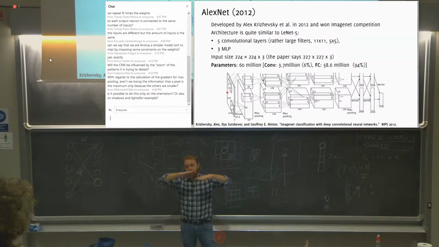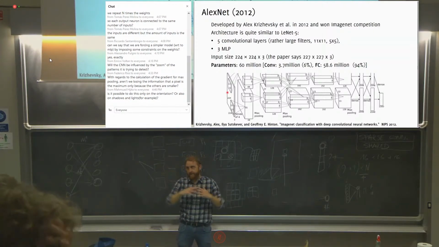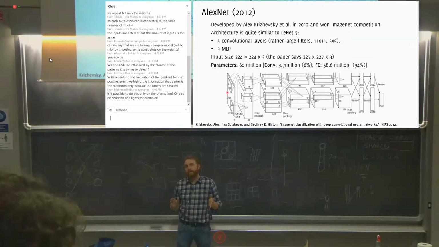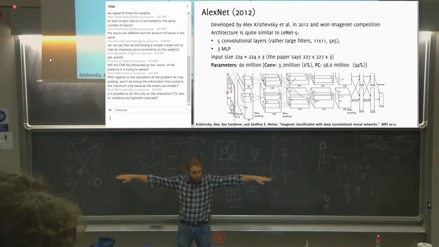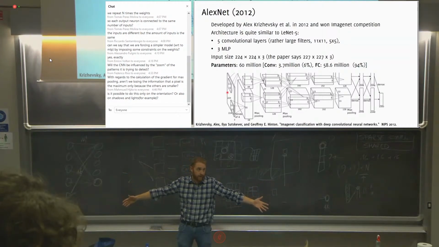And there are these two vertical parts. That is not part of the architecture. That was just because the network, for training purposes, needed to be divided over 2 different GPUs. The GPUs were not so powerful at the time.